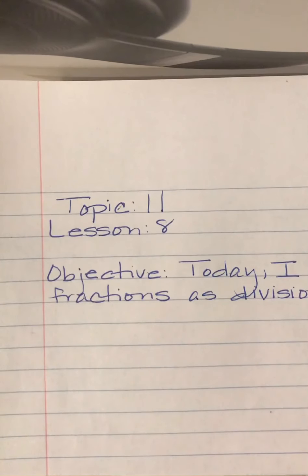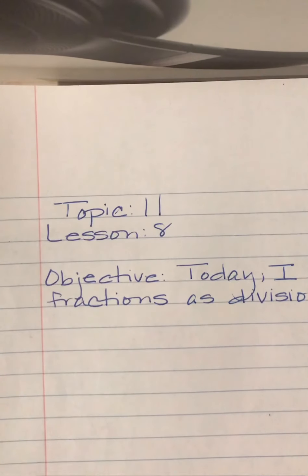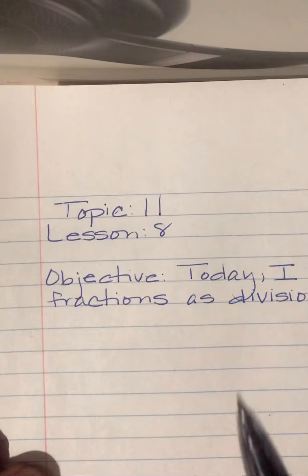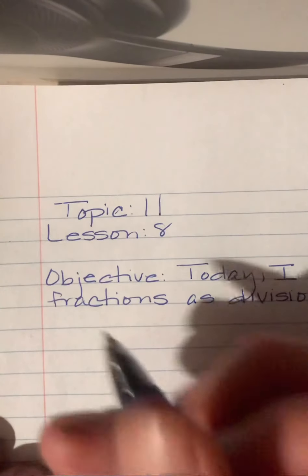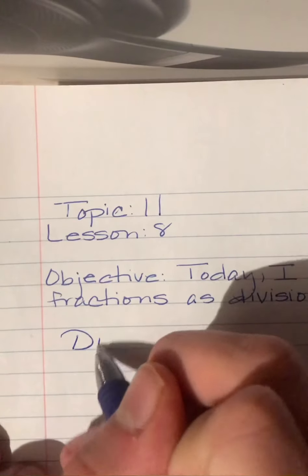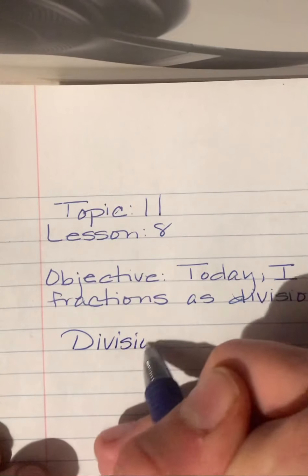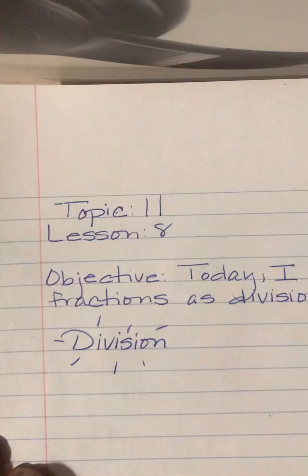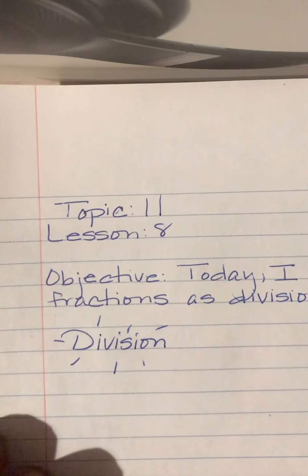What does that mean? Well, let's go back to 4th grade. In 4th grade, I had explained to you, because I had you all in my math group, that division can be represented in two different ways.